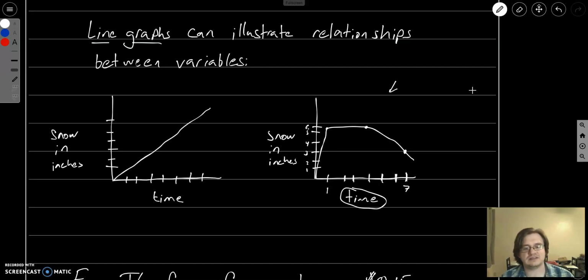So maybe this is time in days after a particular day, maybe after December 1st, or something of this nature. You do have to pay a little bit of attention and really understand what the numbers mean. Number 7 as a day doesn't really make sense.